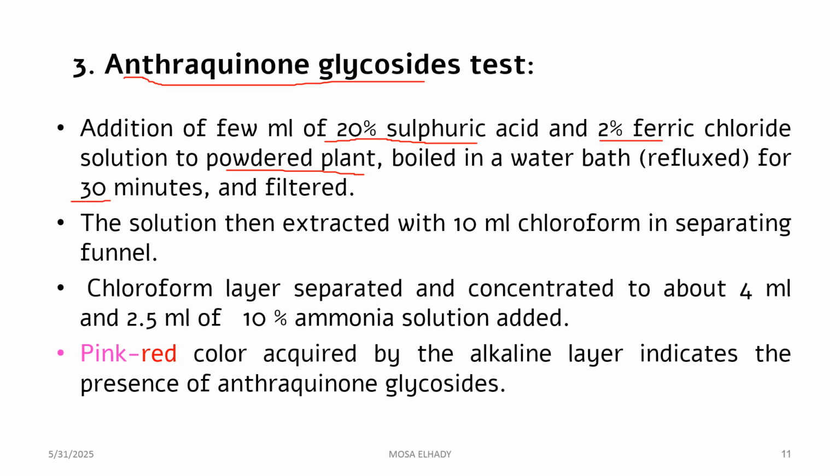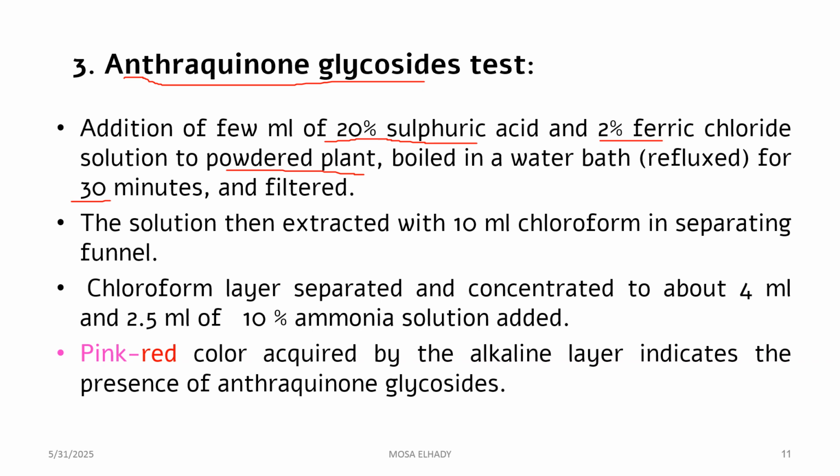Note that the test for anthraquinone is different from the previous test for tannins. Here we start from powdered plant material. We do not work on an extract; we work from the powdered material from the start.